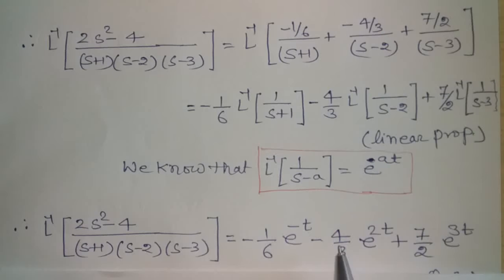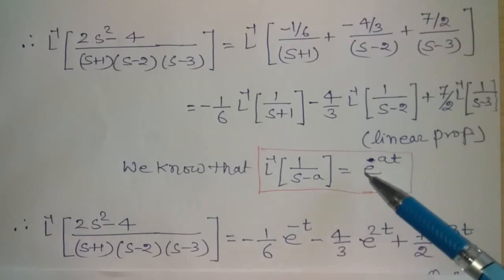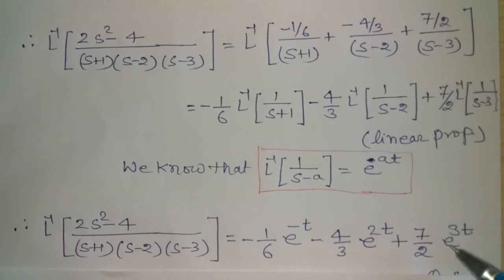Minus 4 by 3, constant as it is, inverse Laplace transform of 1 upon s minus 2 is e raised to 2t. Plus 7 by 2, constant as it is, inverse Laplace transform of 1 upon s minus 3 is e raised to 3t. So this is how we use the partial fraction technique to find the inverse Laplace transform.